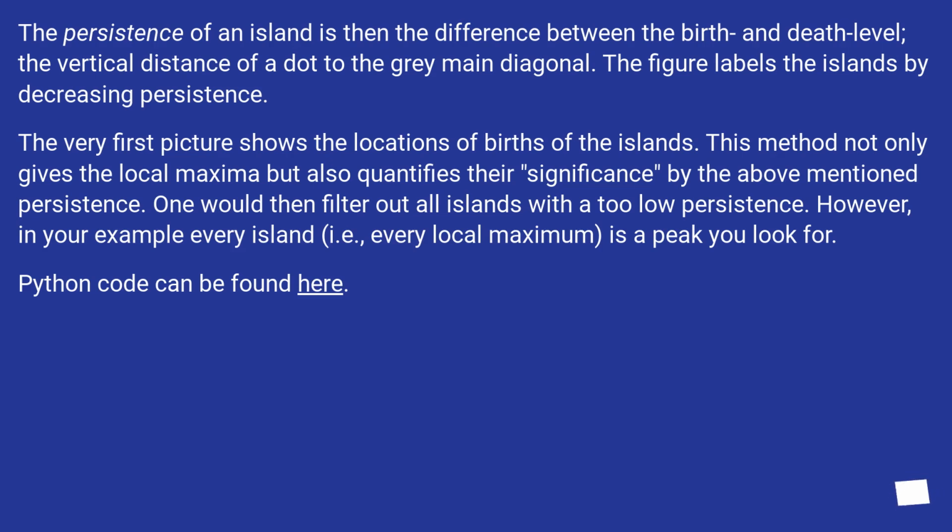The very first picture shows the locations of births of the islands. This method not only gives the local maxima, but also quantifies their significance by the above-mentioned persistence. One would then filter out all islands with too low a persistence. However, in your example, every island, i.e., every local maximum, is a peak you look for. Python code can be found here.